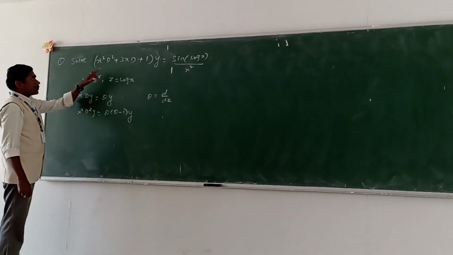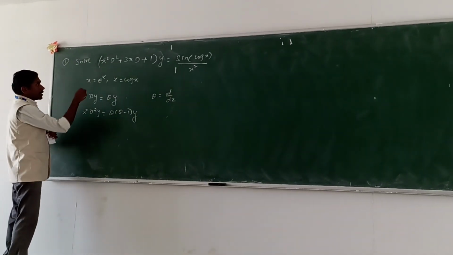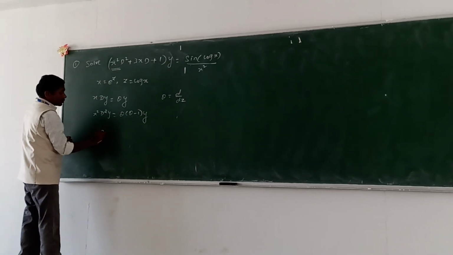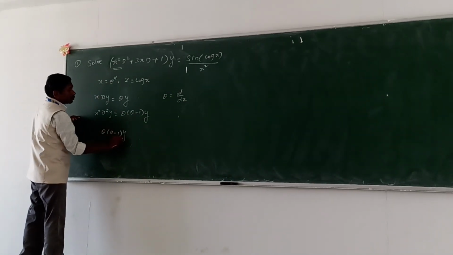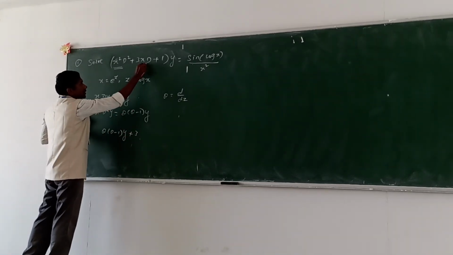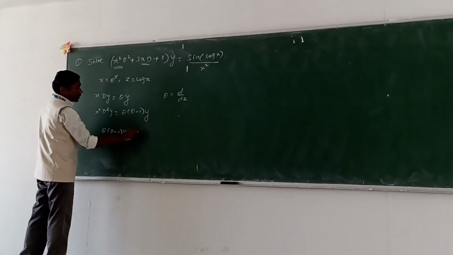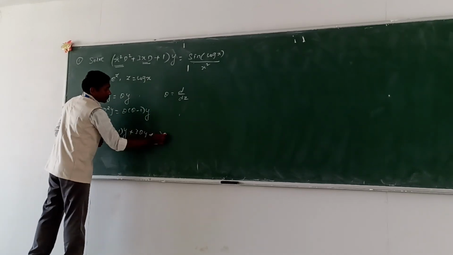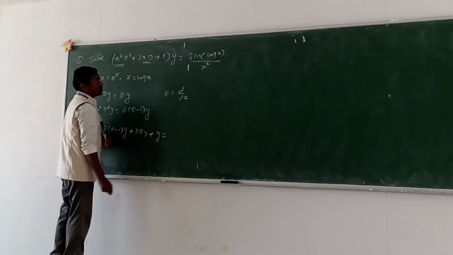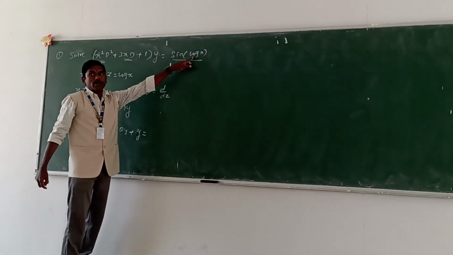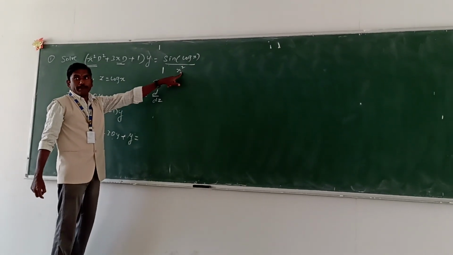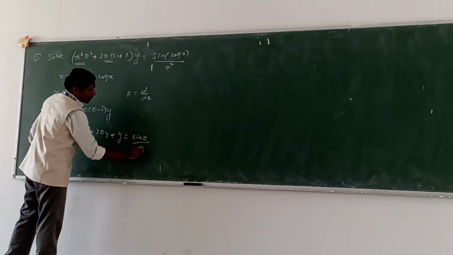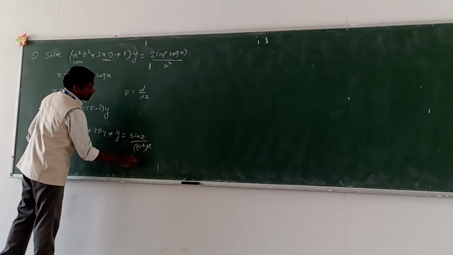Now these values substituted in the given equation: theta into theta minus 1 into y plus 3 theta y plus 1 into y is equal to, in all cases substituting log x by z, x square by e power z, sin z by e power z whole square.